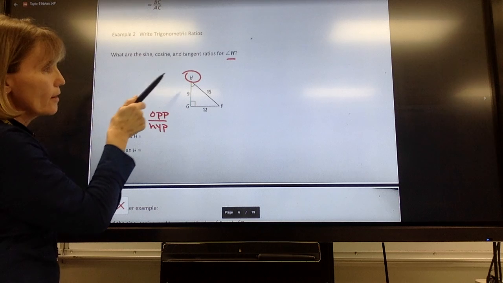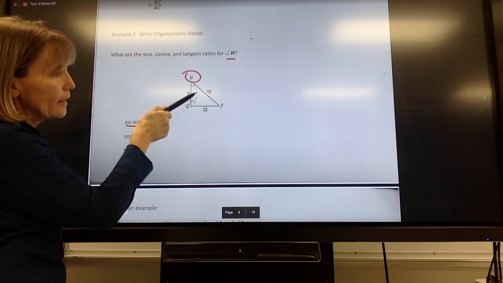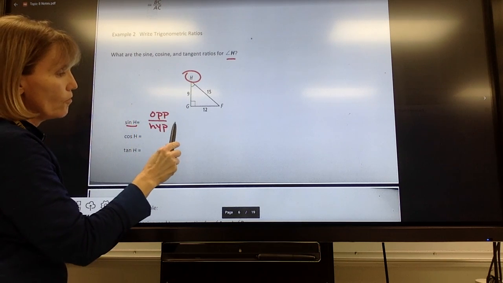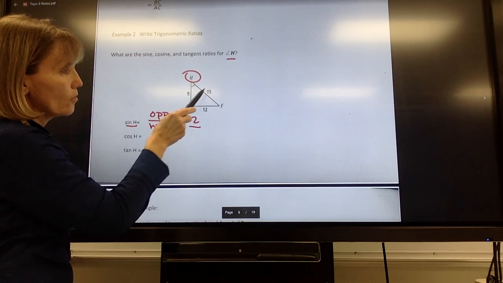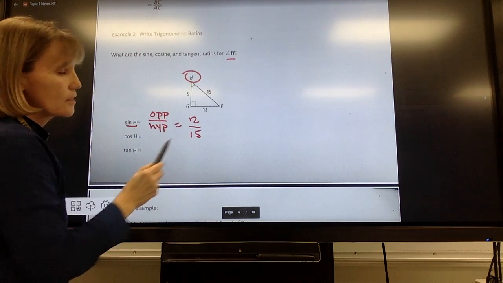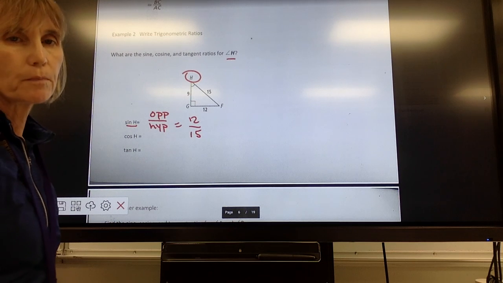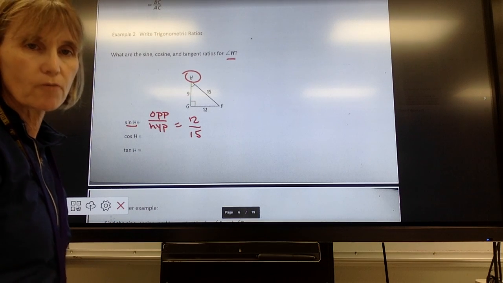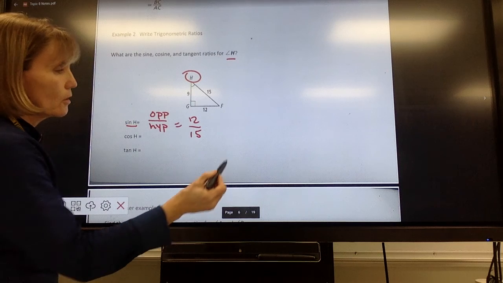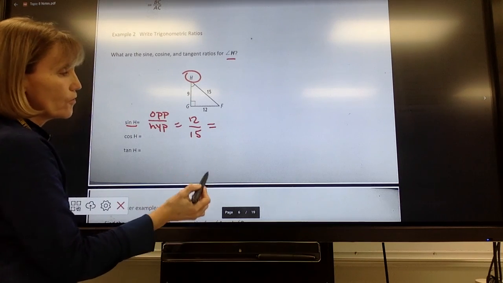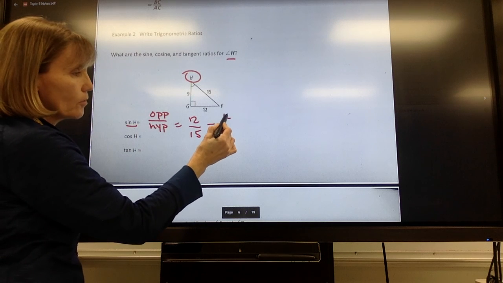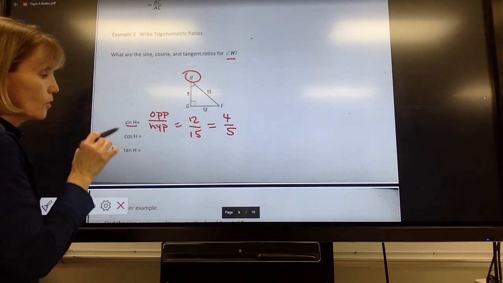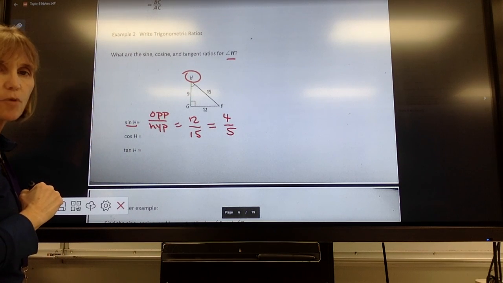From angle H, the opposite leg is 12, and the hypotenuse of this right triangle is 15. So I would set up the fraction 12 over 15. When working with fractions, we always want to reduce the fraction. 12 and 15 are both divisible by 3, so that reduces to 4/5. So the sine of H is 4 over 5.